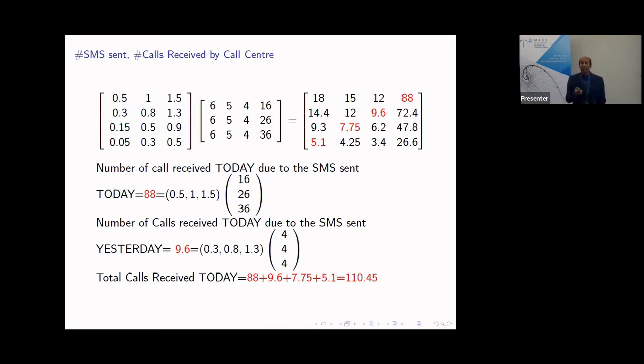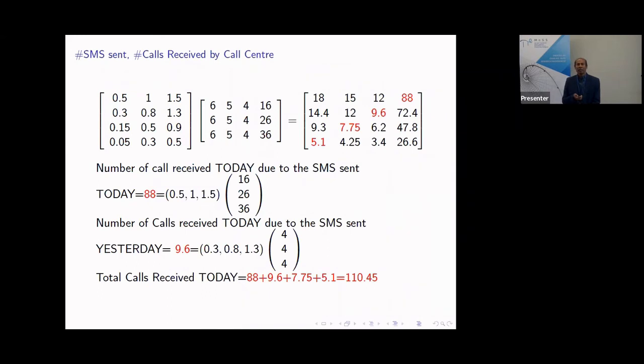The diagonal in the opposite direction gives the number of calls: 88 for my action today, 9.6 for my action yesterday, 7.75 for my action 2 days earlier, and 5.1 for 3 days earlier. So the total number of calls I am getting today, from my action today and the previous 3 days, is 110.45 calls coming to the call center.